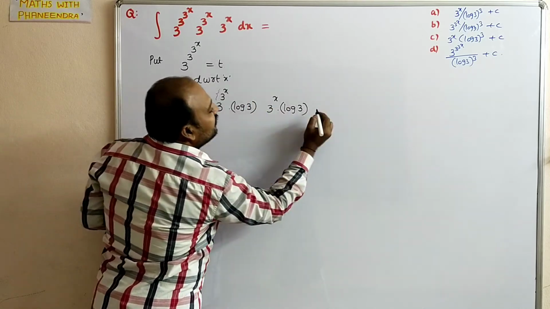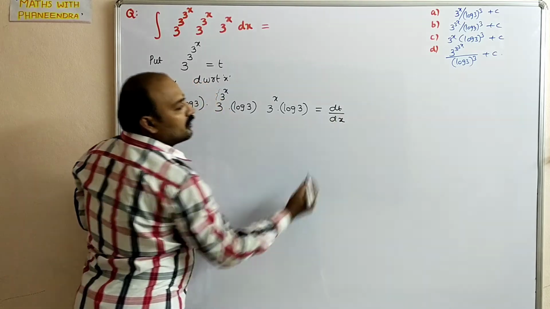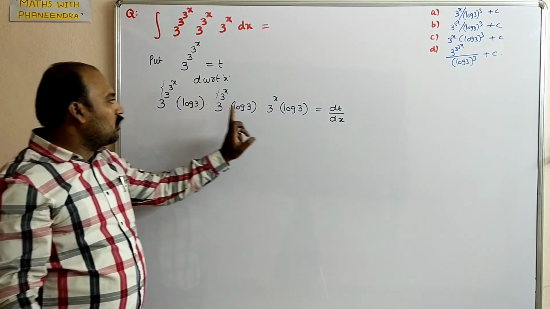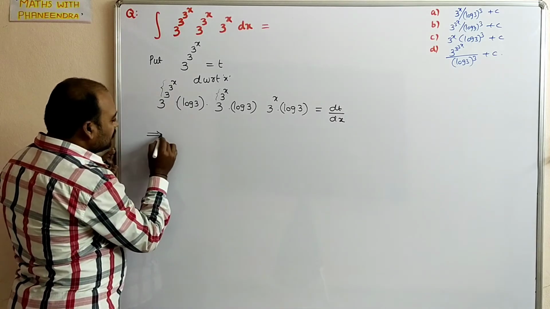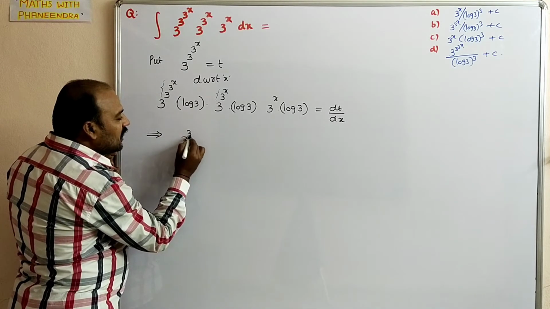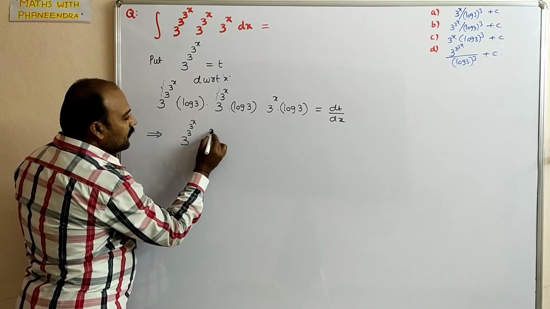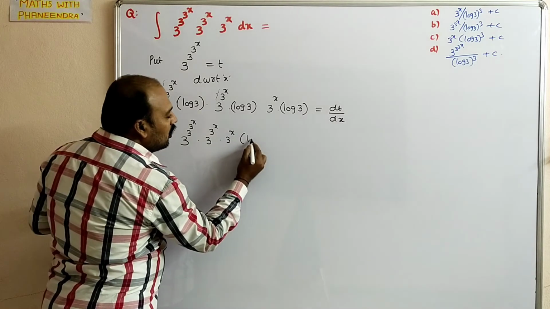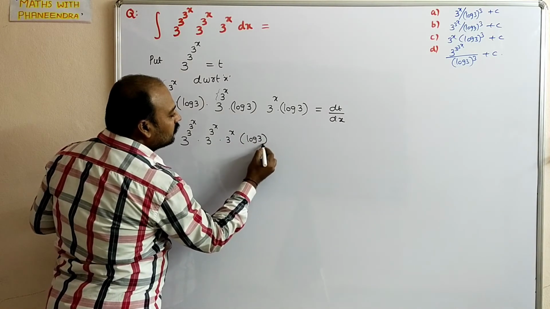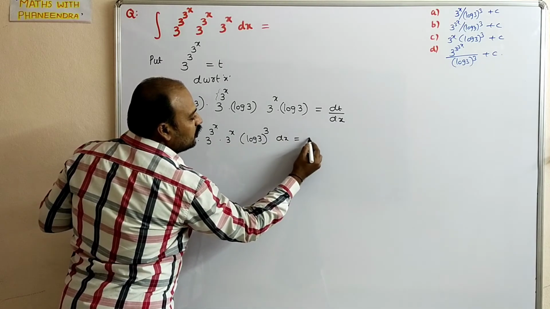So t derivative is dt by dx. Now log 3 into log 3 into log 3, log 3 whole cube. That implies 3 power x into 3 power x into 3 power x into log 3 whole cube, cross multiply, into dx is equal to dt.